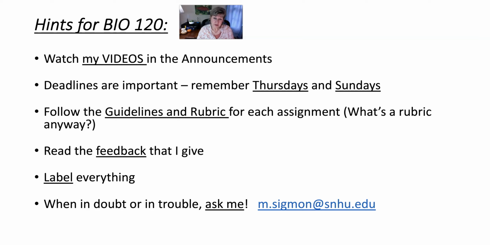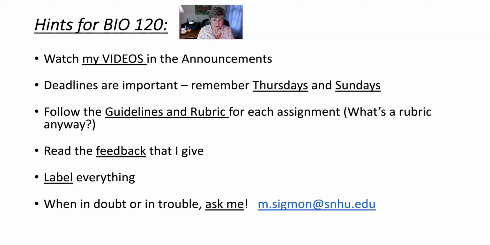Then you also need to follow the guidelines and rubric for each assignment. Guidelines, of course, are how you do the thing that you have to do. What questions do you answer for your final project? What sections are there? The rubric is a way to grade this particular assignment. A lot of the time, these two go together because it's what you do and then how you get graded.